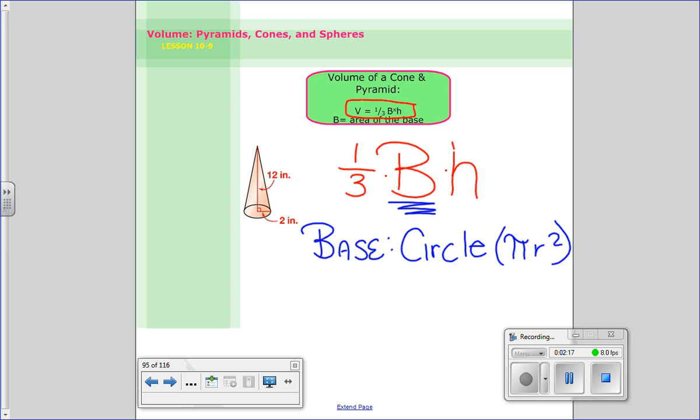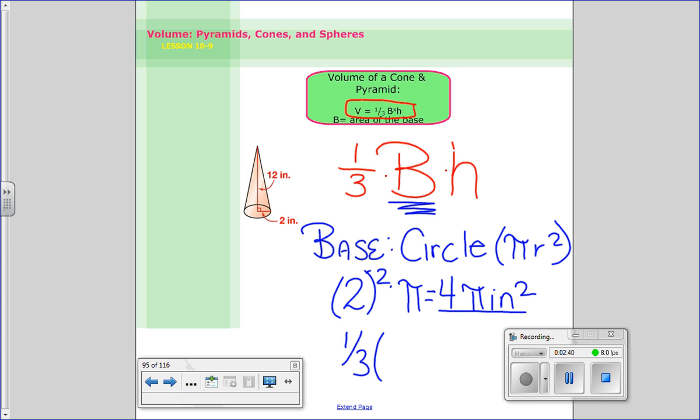So my radius is 2, squared times pi, and I get 4 pi inches squared. And then I can use that. So I have the area of my base. So now I have 1/3 times 4 pi times my height, which is 12.